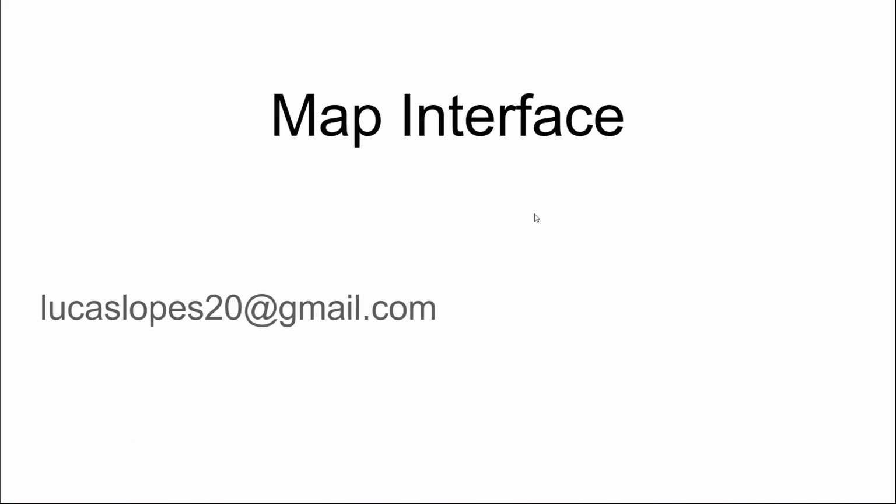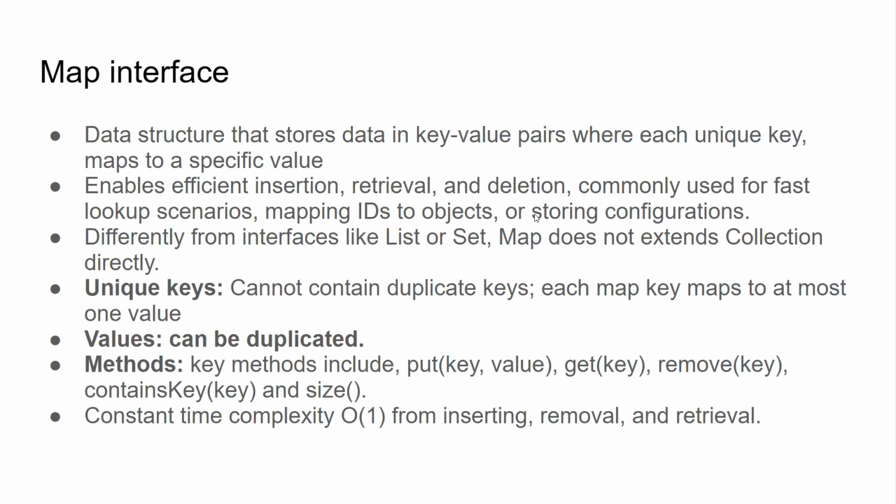So let's go. The map interface, a few definitions. It is a data structure that stores entries where each unique key maps to a specific value. The entries will be the key value pairs, okay?